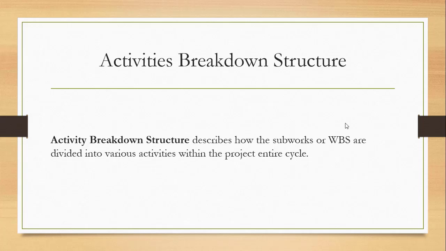Let's also look at the activity breakdown structure. The activity breakdown structure describes how the sub-works, or the WBS, are divided into various activities within the entire project cycle. So the WBS are further divided into various activities.